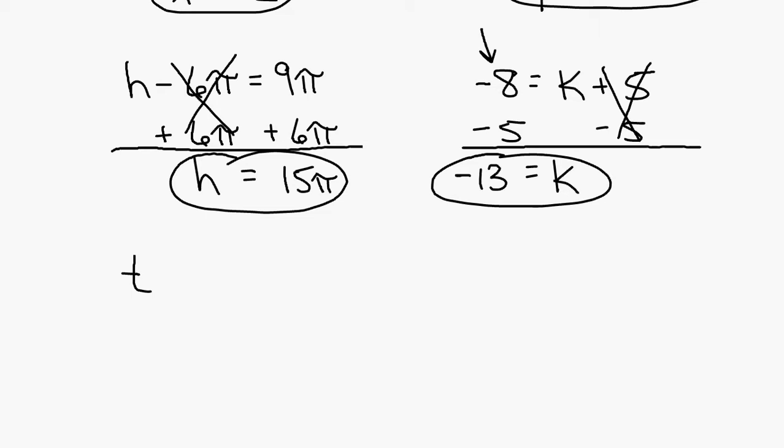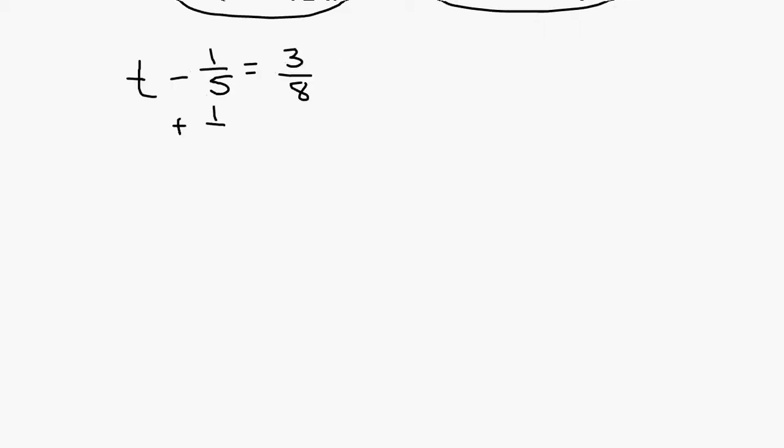t minus 1/5 equals 3/8. First step. Very good. Add 1/5 to each side.